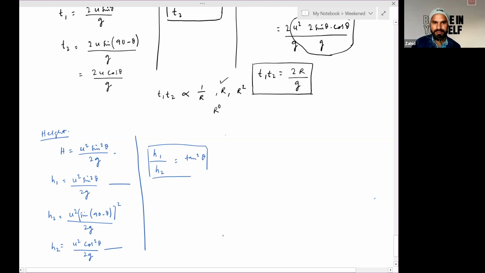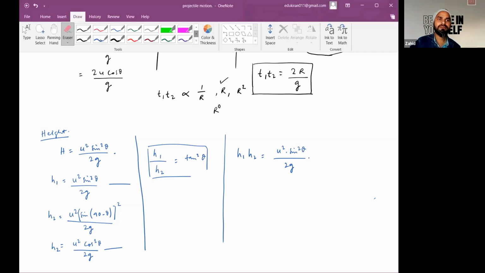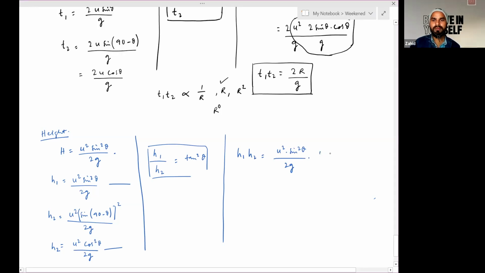Next, if you multiply these two terms, you'll get u square sin square theta divided by 2g for the first part, and similarly u square cos square theta divided by 2g for the second part.